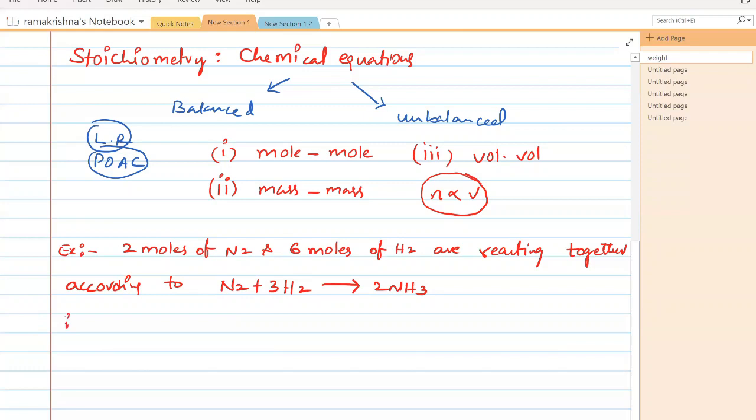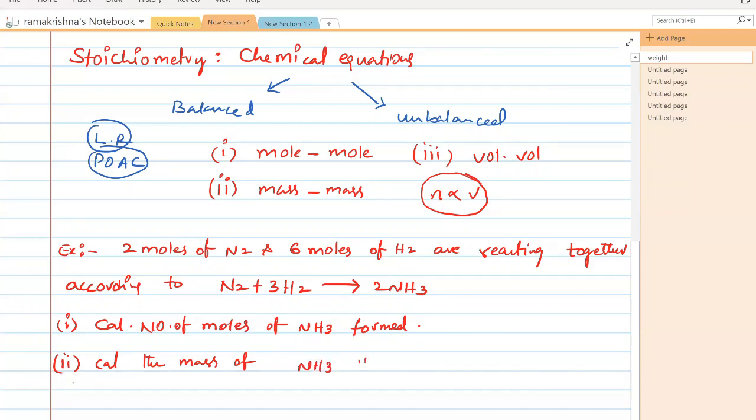They can ask the first question, calculate number of moles of NH3 formed in the above reaction. That is first question. Second question, they can ask, calculate the mass of NH3 formed in the above reaction.